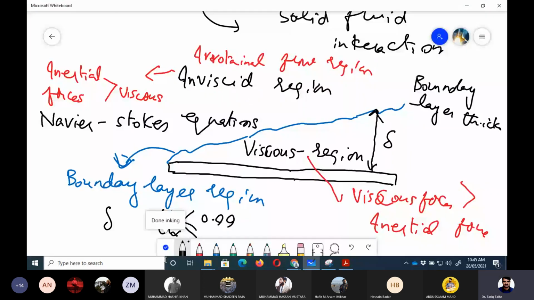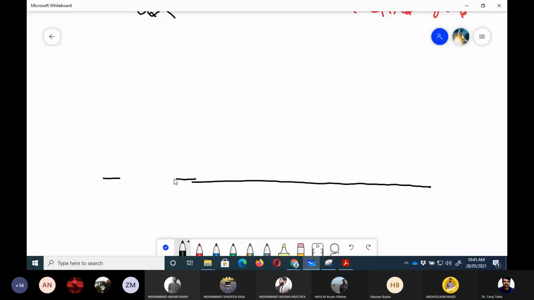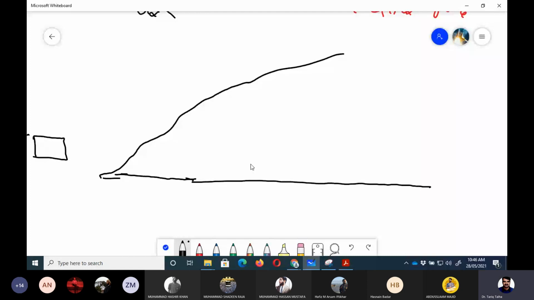So if I draw that element on the whiteboard, if this was the surface, and here was the element before coming inside the boundary layer. So this is the boundary layer region. Now I will draw this again by a dotted line, which means it was the original state.